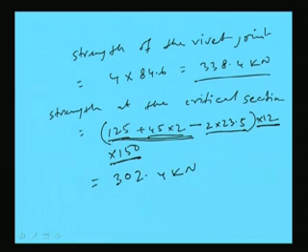So, one is that 338.4 kilonewton due to rivet, and the plate strength will become 302.4. So, we can consider that the strength will be the lesser of these two. So, strength of the joint will become say 302.4 kilonewton.